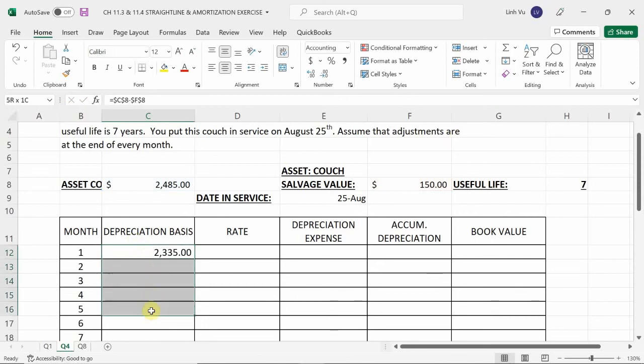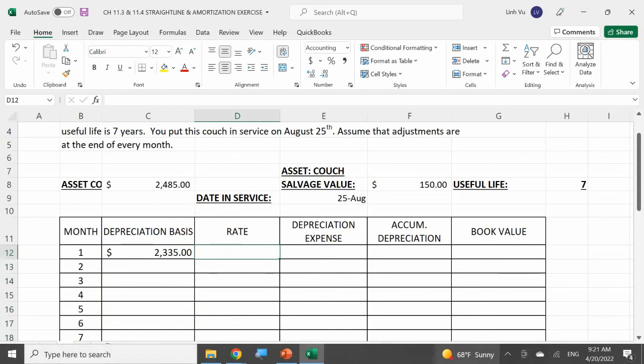All right. So for the next one, what's the rate? The rate is 1 divided by the estimated useful life.